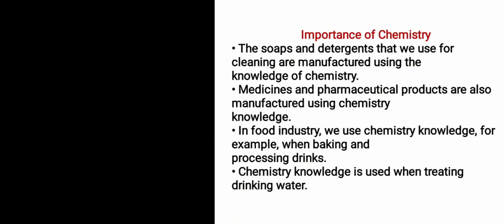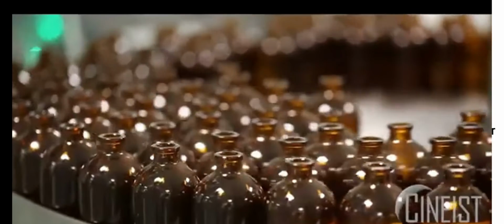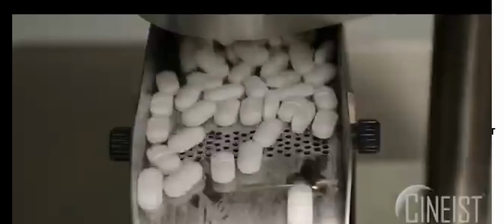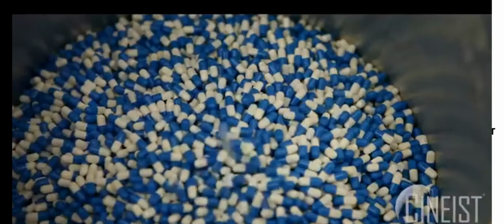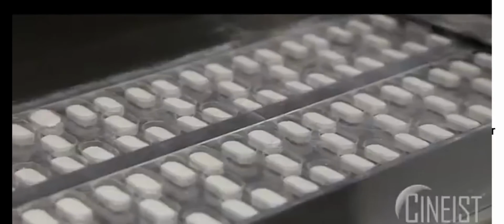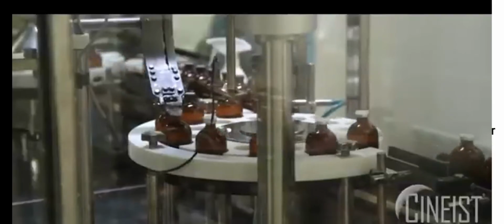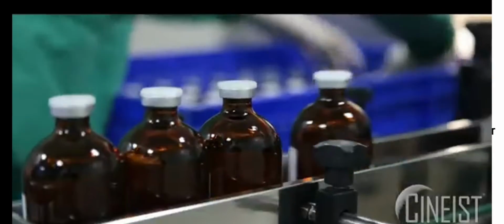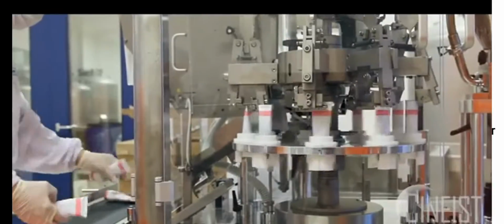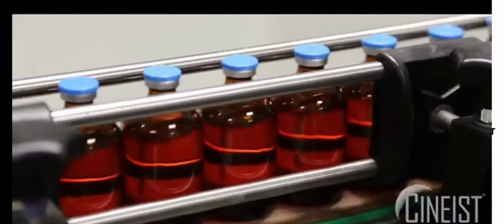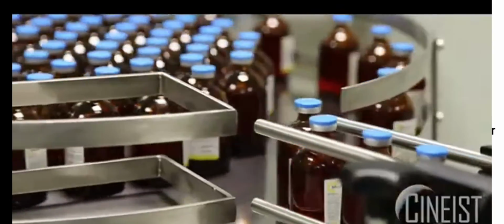Secondly, pharmaceutical products and medicines are also manufactured using chemistry knowledge. Not necessarily medicines also, things that can be used along the line of health, like for ladies, they use always.